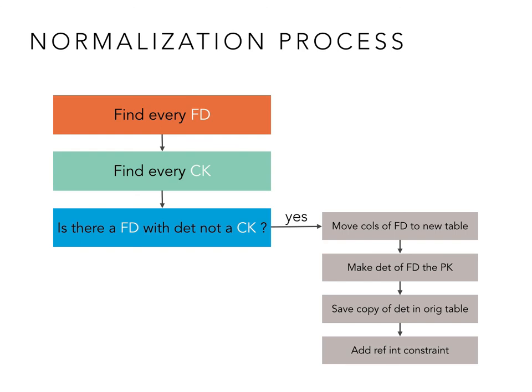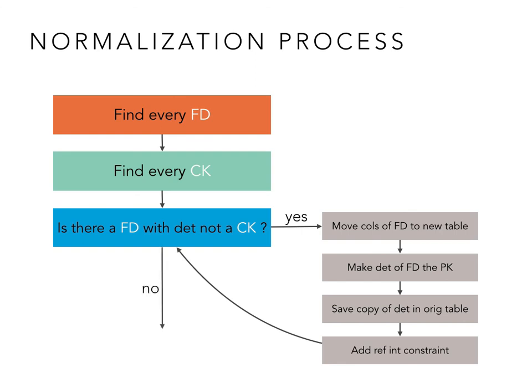So this is a fancy way of saying we're just going to create tables with relationships for any functional dependency with a determinant that's not a candidate key. And then we'll keep going through this loop until we have eliminated all of the functional dependencies with determinants that are not candidate keys.